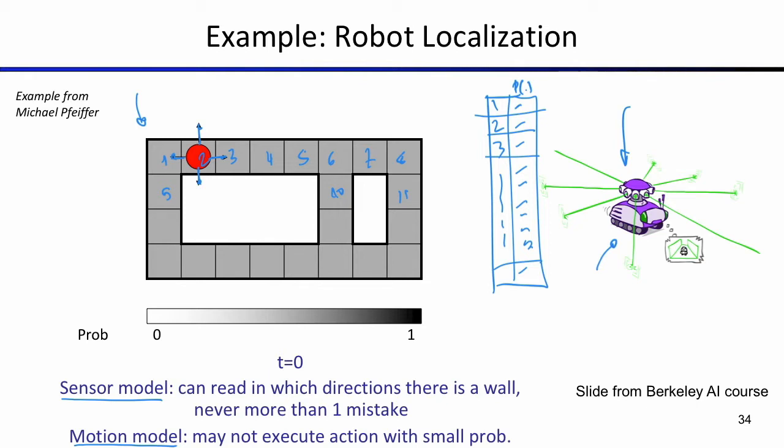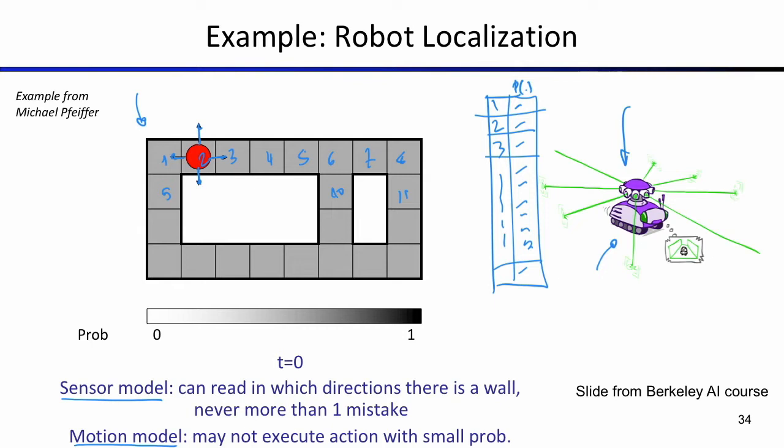So if you say move to the left or move to the right, it may, for instance, stay in the same position with a small probability because it touched some obstacle and could not move, or the surface was a little bit slippery and it stayed in the same position, something like that. We're going to revisit those models and make some more realistic assumptions when we discuss particle filtering at the end of this lecture. But for now, it is enough.